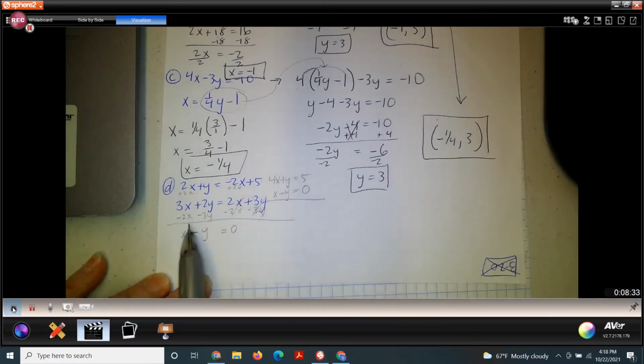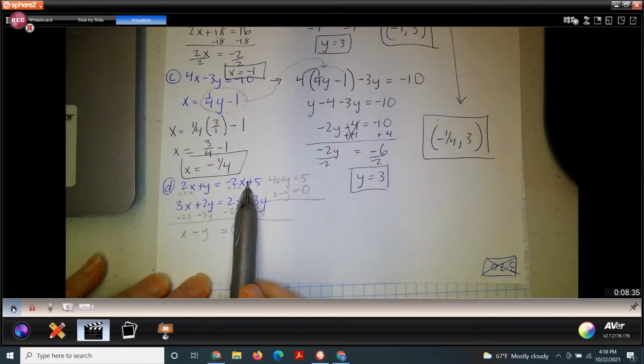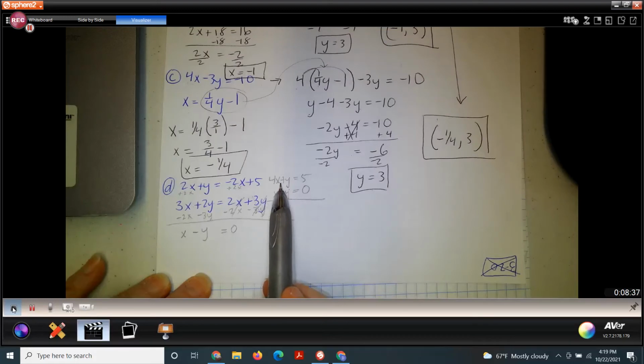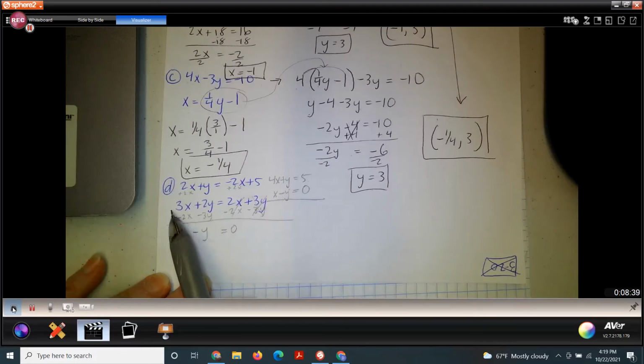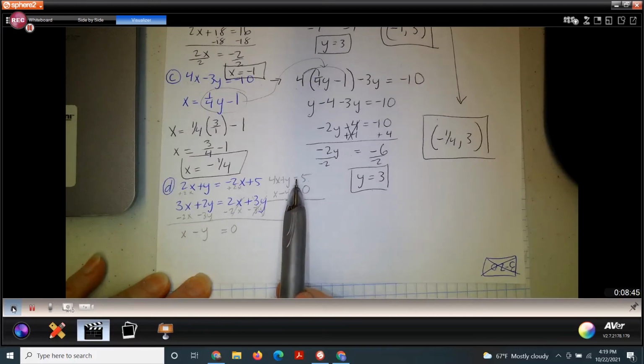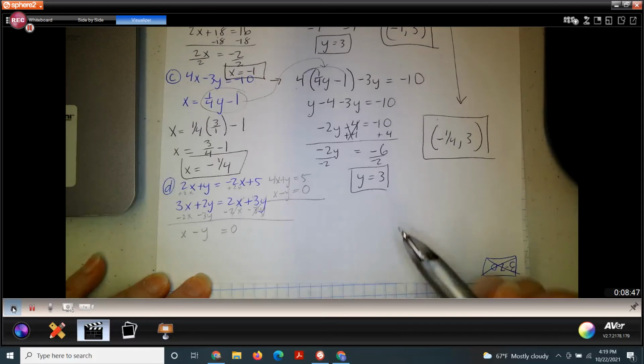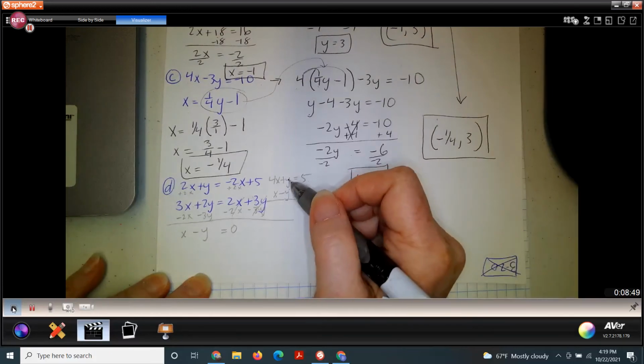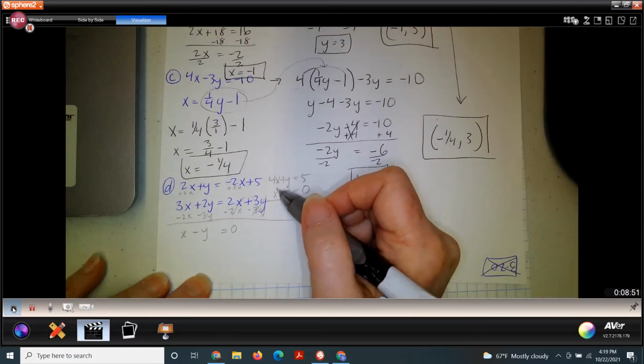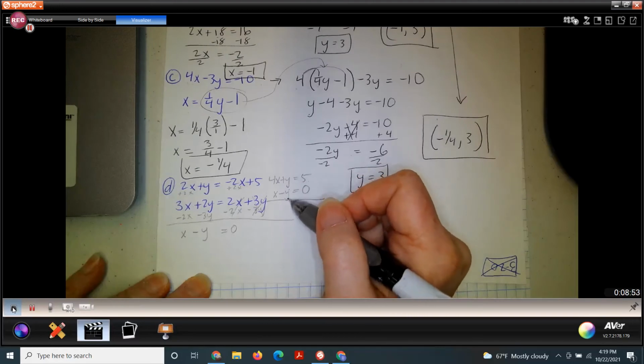It's getting a little messy, but this first blue equation, I rewrote it as 4x plus y equals 5. And the second equation, I just cleaned it up and wrote it as x minus y equals 0. And now I'm going to use elimination because if I add these equations together, my y's will disappear.